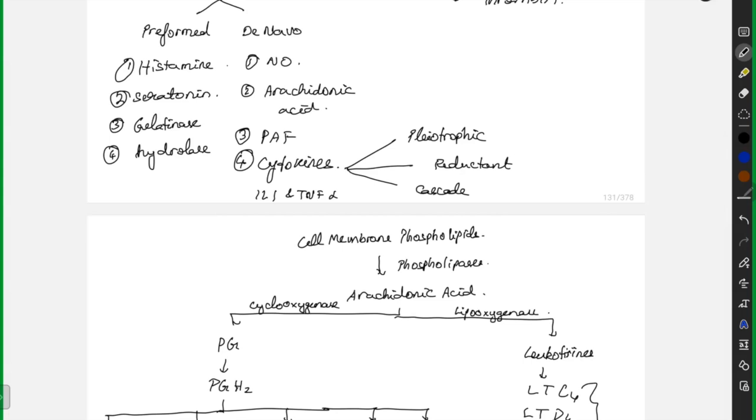And remember, chemokines mediate their action through chemokine receptors. You have CXCR and CCR, like CXCR4 and CCR5. Remember, CXCR4 and CCR5 act as co-receptors for binding and entry of HIV into the CD4 cells.